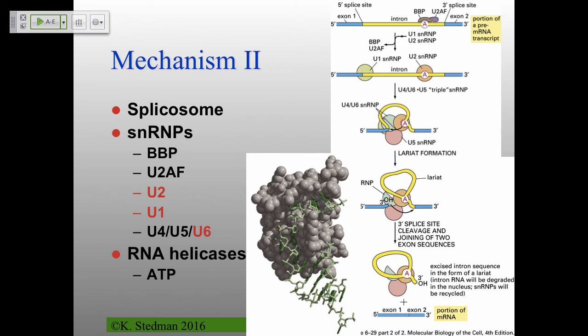You have to have your 5' end of your intron, your 3' end of your intron, and where that A is in the middle, where you're going to form the 2' to 5' phosphodiester bond. How are those found? How do you identify them? Almost always through these interactions with the RNAs.